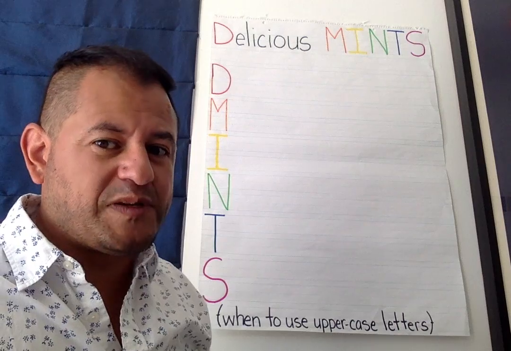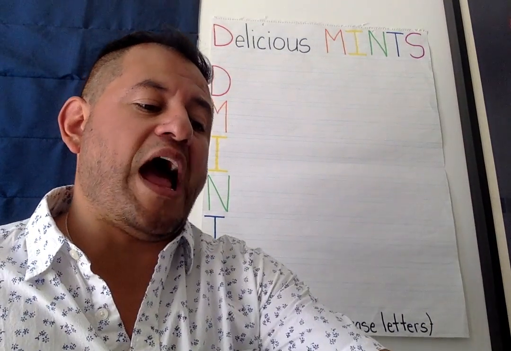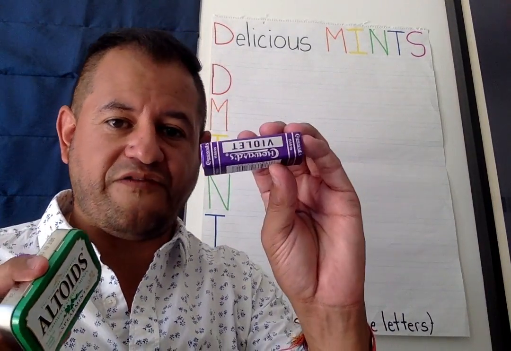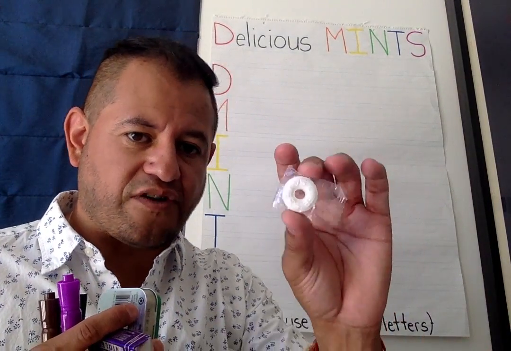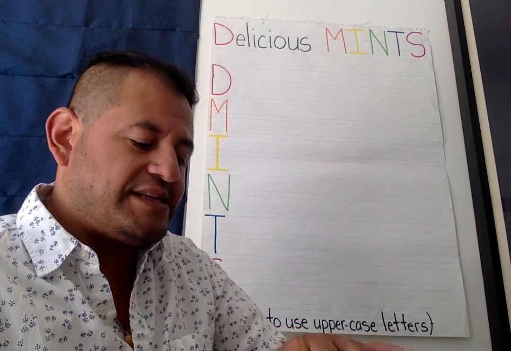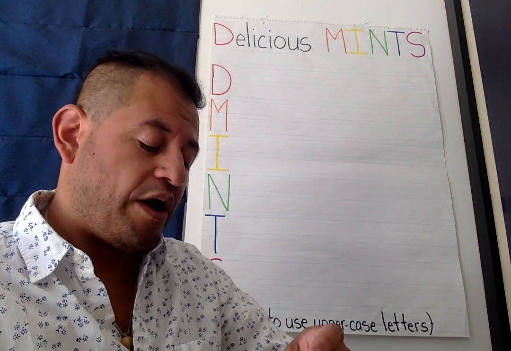So something that helps me, and you might want to talk to your grown-up first, but if you have some Altoids or some other kind of mints that you have, this is a lifesaver. Something that I like to do as I'm learning this is I like to pop an Altoid or pop a mint because it helps my brain remember. It's okay if you don't have one.